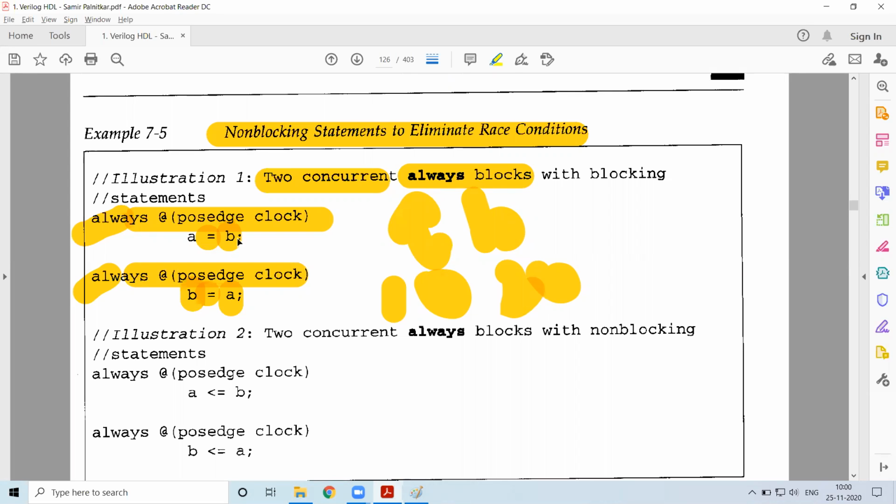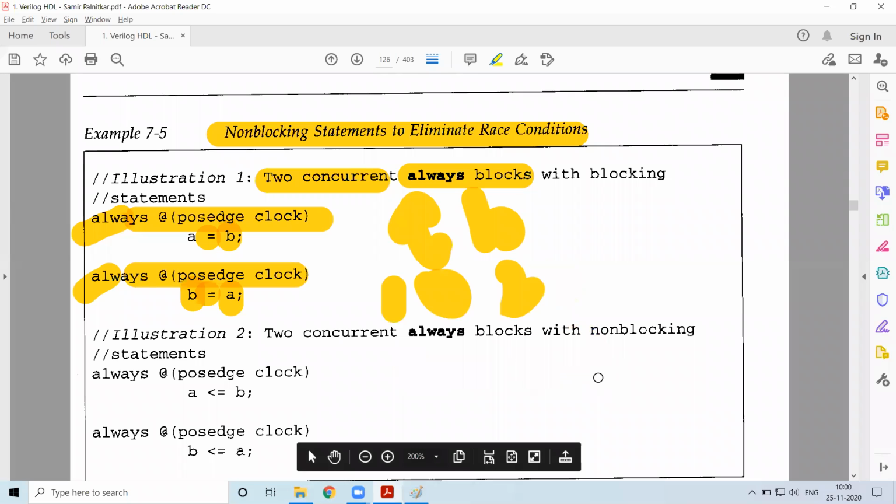Now in the first execution, B would give its value to A and A would be updated to 20. But after some amount of time, this one starts its execution, and B might be assigned the value of 20 over here. So they'll end up having the same values after several executions.